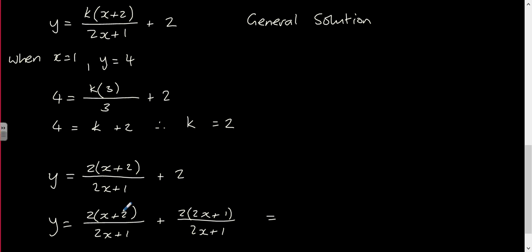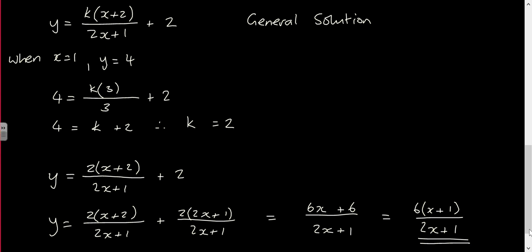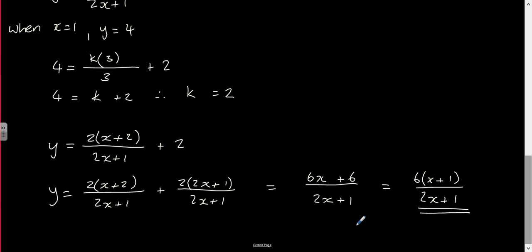So 2x plus 4, plus 4x plus 2, we got 6x plus 6, over 2x plus 1, and we can't really do much more with that. So we're just going to have to say it's 6 lots of (x+1) over (2x+1). And there is our particular solution to the differential equation.